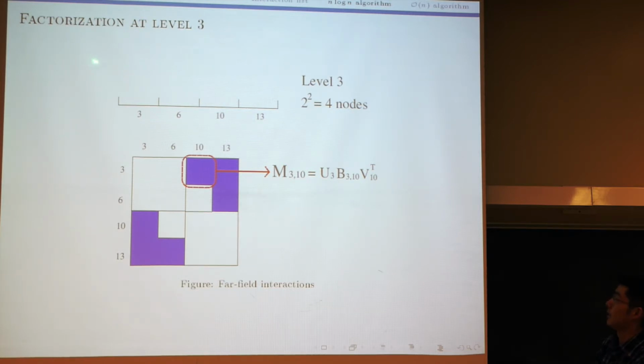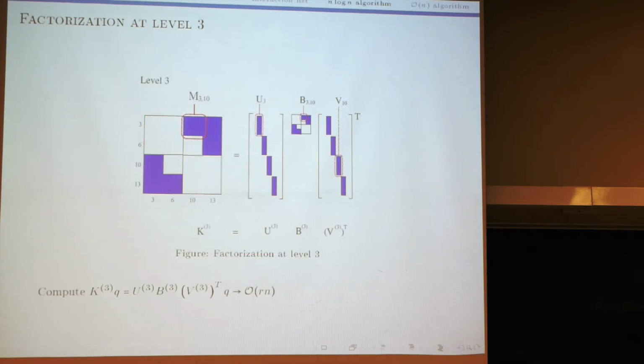So at this level, this matrix can be factorized, where the white block denotes the zeros. And here is the factorization of this matrix.